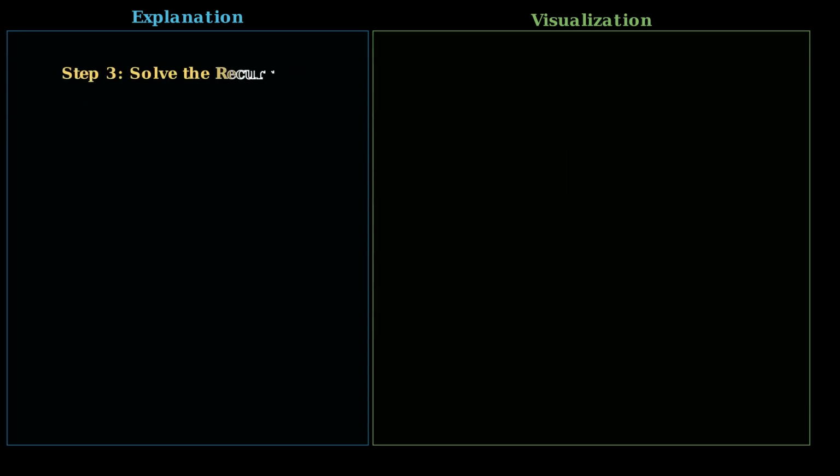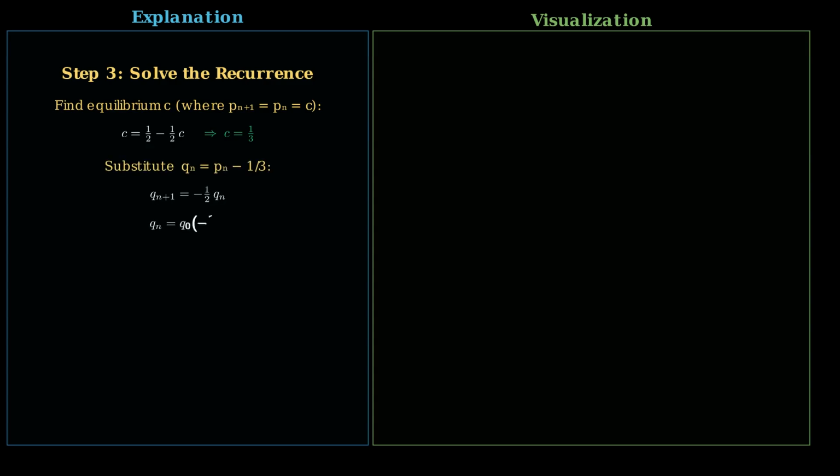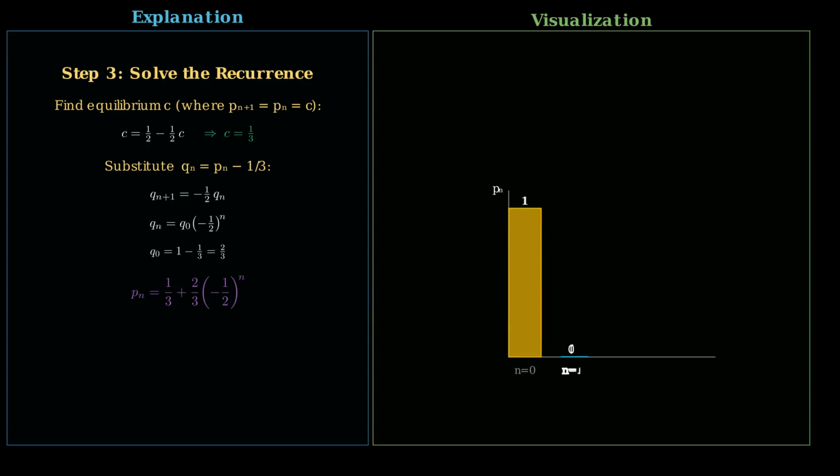Step 3. Find the equilibrium and solve the recurrence. We look for a constant solution C where P_{n+1} = P_n = C. Substituting, C = 1/2 - 1/2 C. Solving gives C = 1/3. Now substitute Q_n = P_n - 1/3. The recurrence for Q_n becomes Q_{n+1} = -1/2 Q_n.